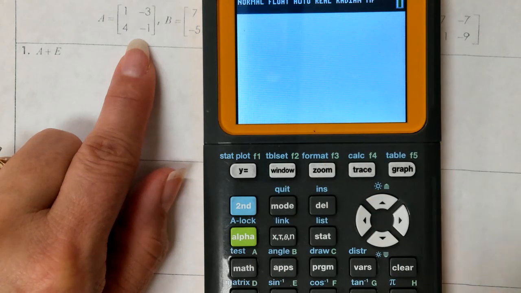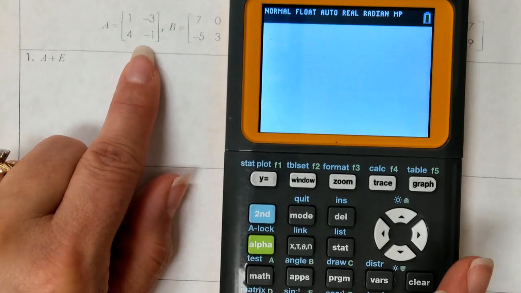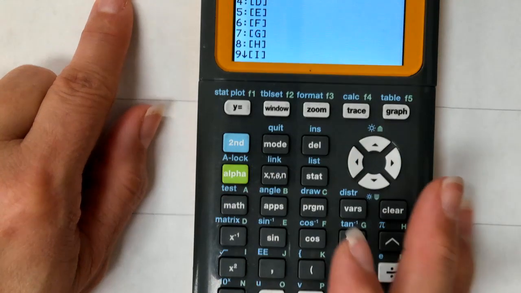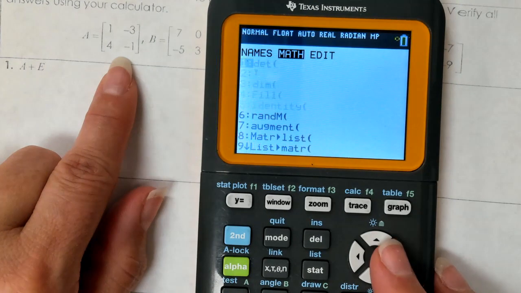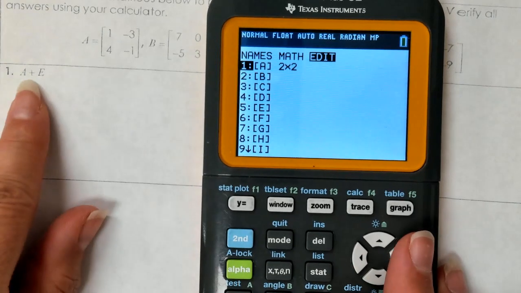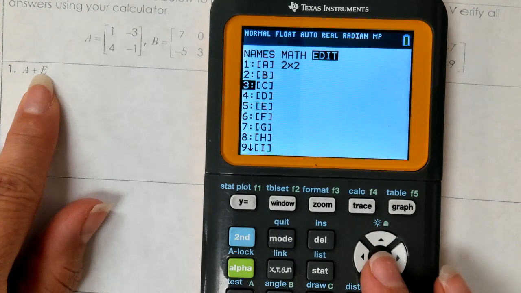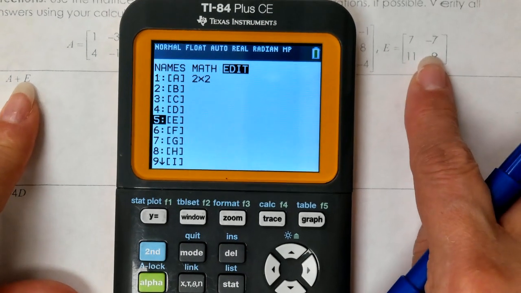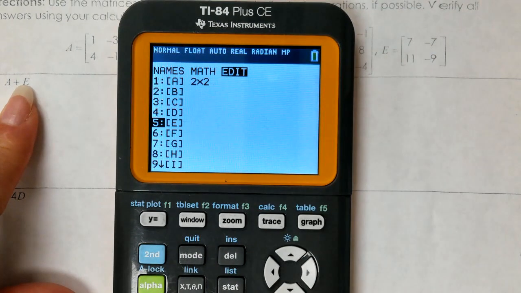Second, quit. Now I'm going to go back to the matrices. Second matrix, and this time I'm going to edit and name it E. I'm going to go down and type E in. And E is right over here on this side of my page. So I'm on edit E, and I'll press enter.